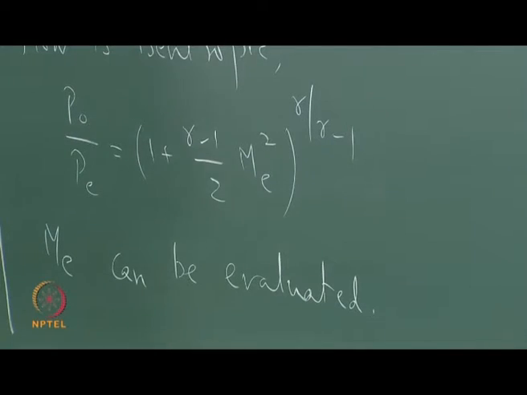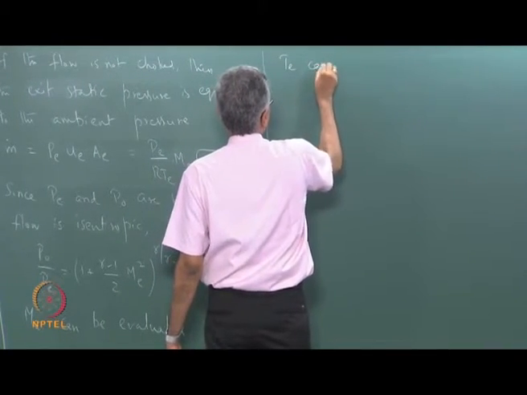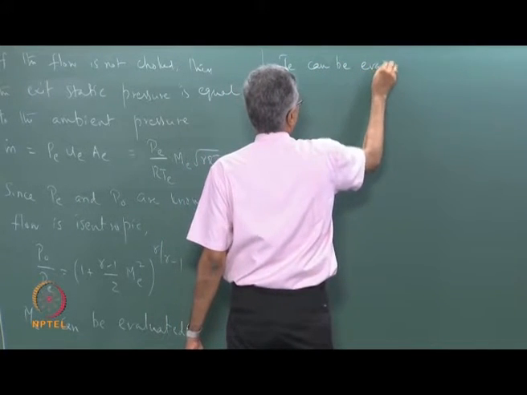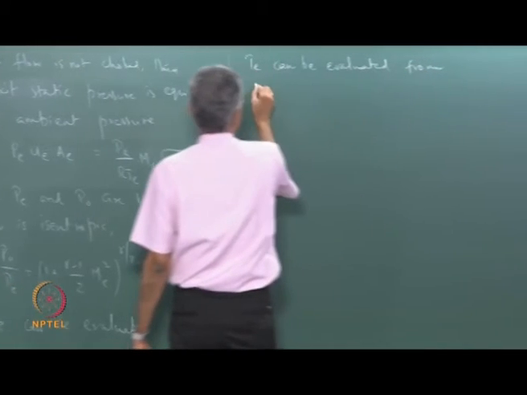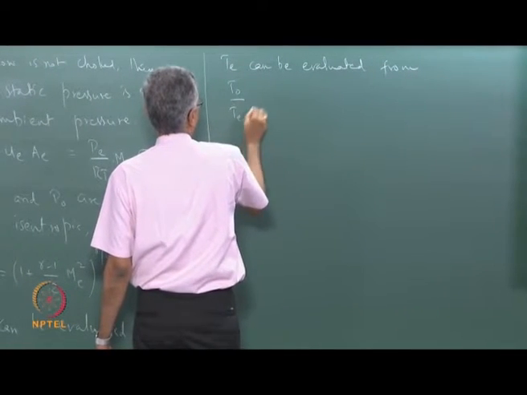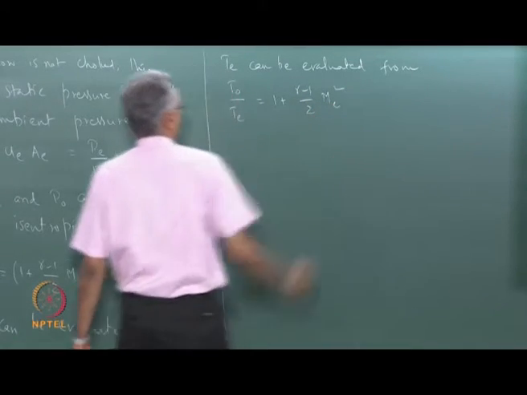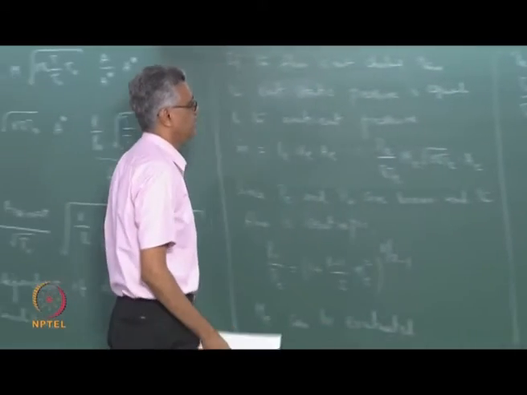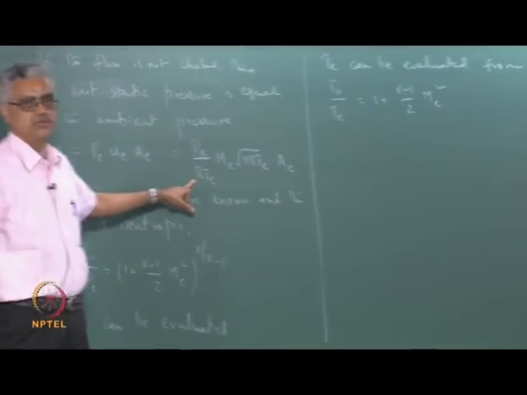Once ME is known, other things can be evaluated. So, TE can be evaluated from this relationship: T0 over TE is equal to 1 plus gamma minus 1 over 2 times ME square. T0 is known, so TE can be evaluated, and once I know that, notice that I can now evaluate the mass flow rate through the nozzle.